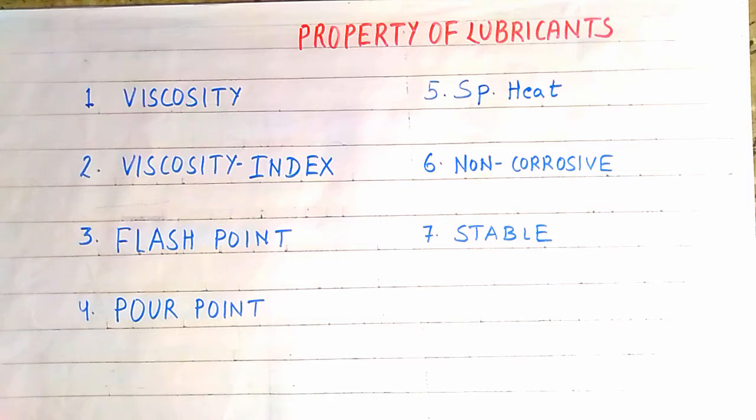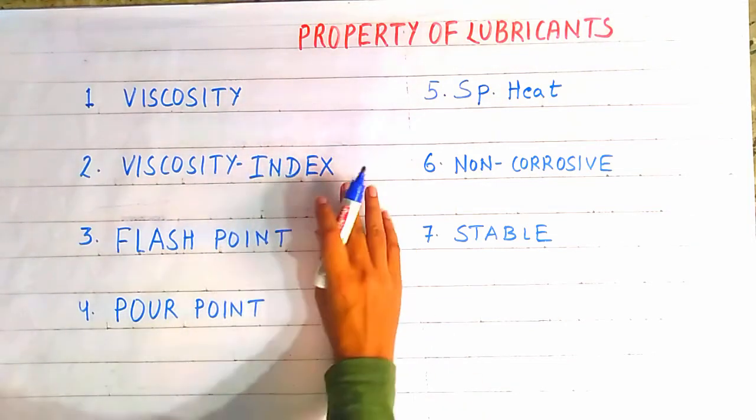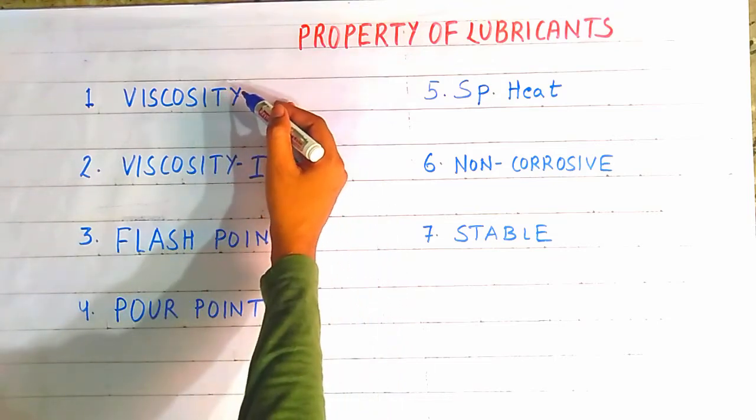So the first property discussed here is the viscosity. The lubricant of the journal bearing must have a viscosity that is suitable for the stable operation of the journal bearing. It is the property by virtue of which a fluid offers internal resistance to change in its shape and relative motion of its parts.